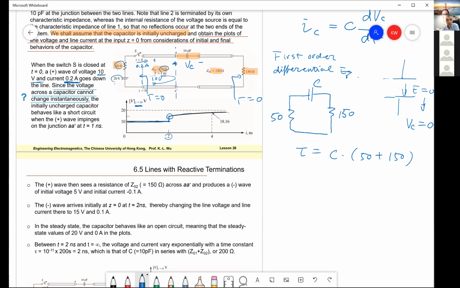A differentiable function is a basic property we should have learned in mathematics. And the definitions for capacitor and inductance we should also have learned in basic circuit theory.